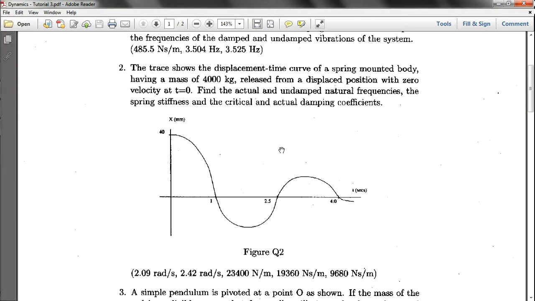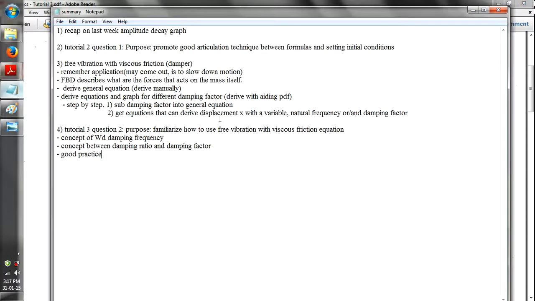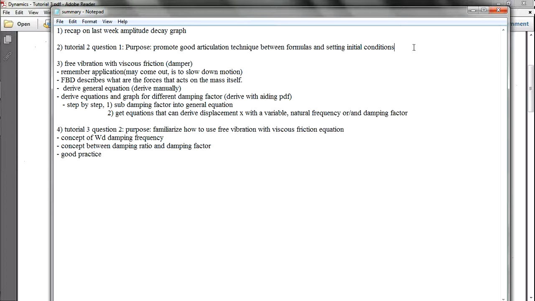The purpose of this video is the same, to practice articulating between your variables. Similarly, the last one was also to promote good articulation technique, the very first part, tutorial 2 question 1. But now in our case, we also need to familiarize ourselves with the viscous friction equation and promote good articulation.